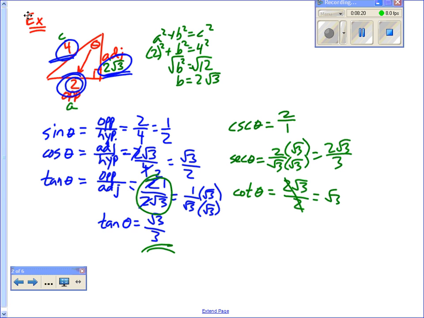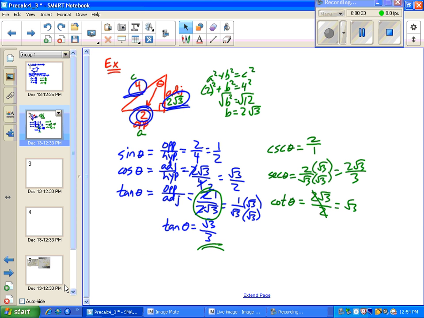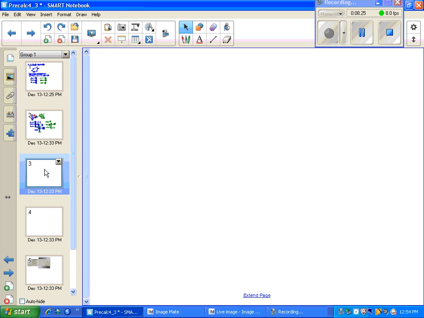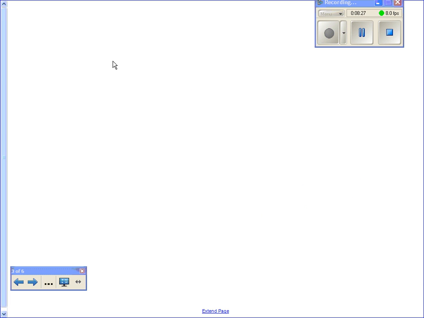Now, if you guys remember from geometry as well, you have these special right triangles.